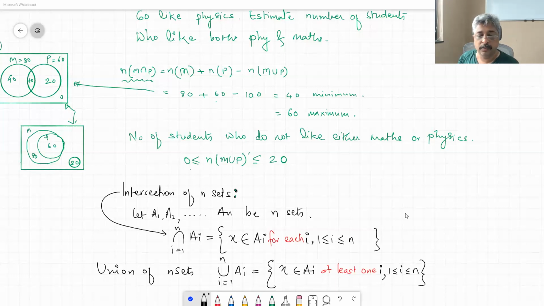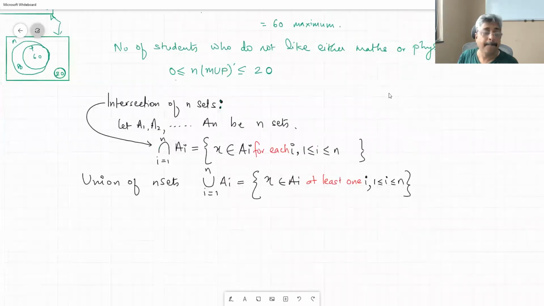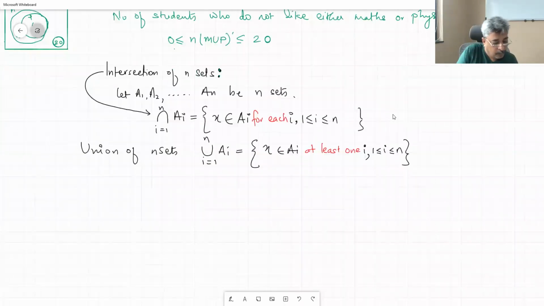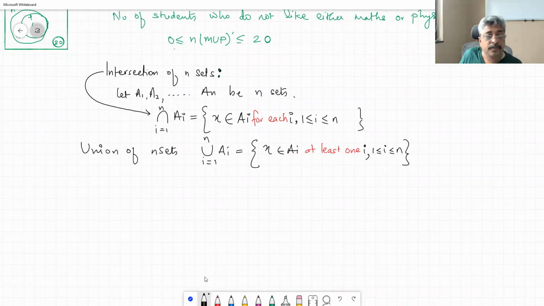Now, we have to write down the meaning of x does not belong to, say, union of i goes from 1 to n Ai.